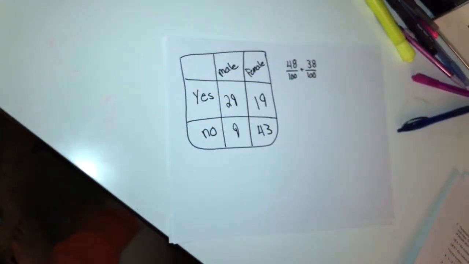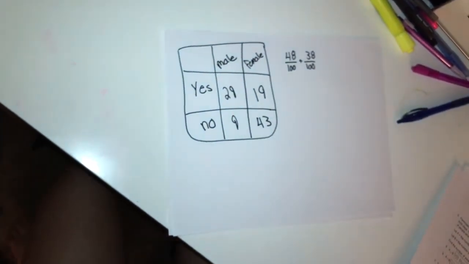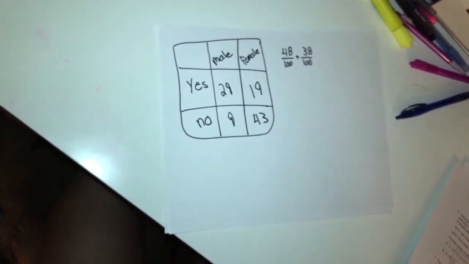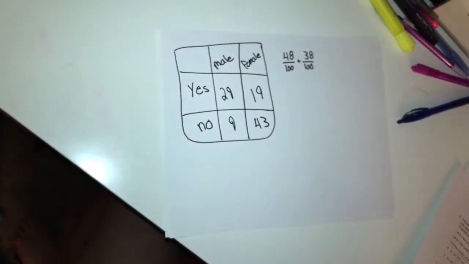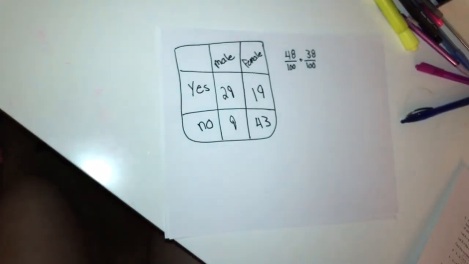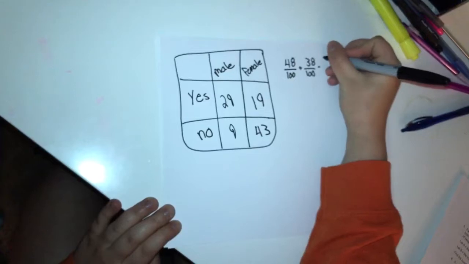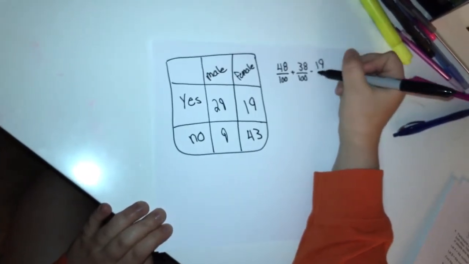But then we have some of the females who said yes. So we have to subtract the 19 females that answered yes. So then we get minus 19 over 100.